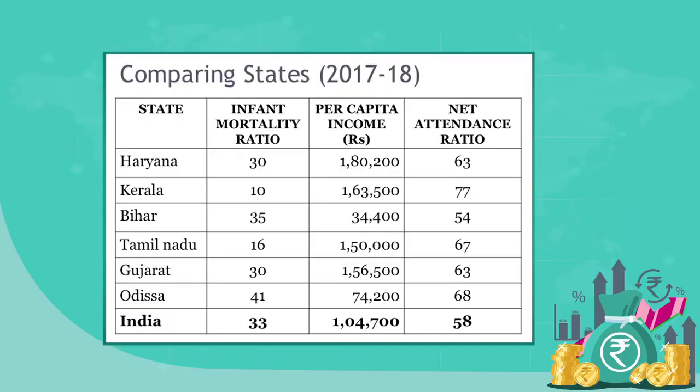If you look at the income, the highest per capita income is in Haryana, almost 1,80,000 rupees. Which is the second highest income? Kerala. But look at Kerala's infant mortality ratio: it is 10.